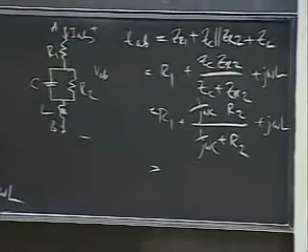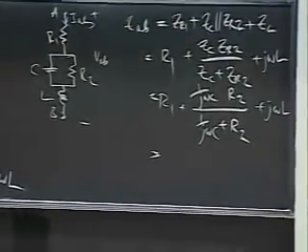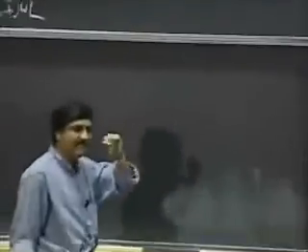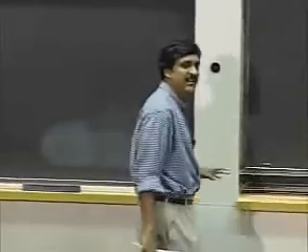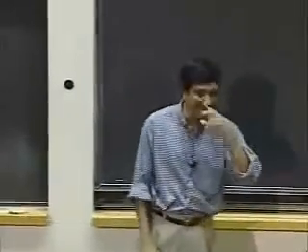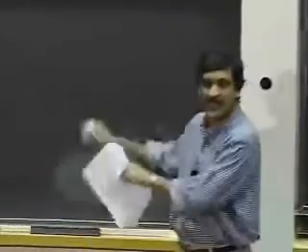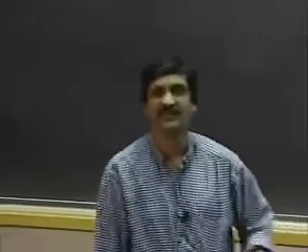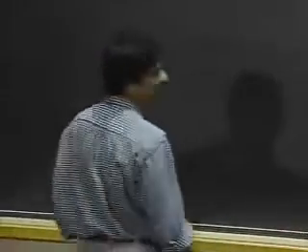So notice how simple our analysis has become. Using the impedance method, we've managed to convert our analysis from solving differential equations to going back to algebra. Okay, so a large part of what we do in circuits is see how we can get back to really simple algebra and try to be clever about how we do things.